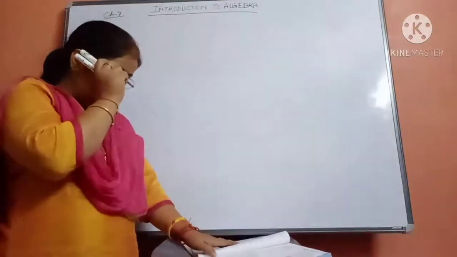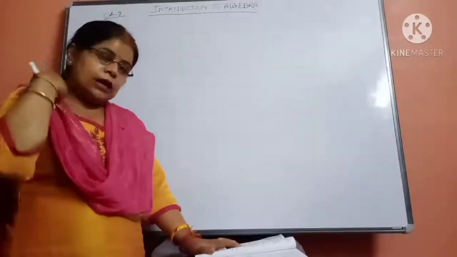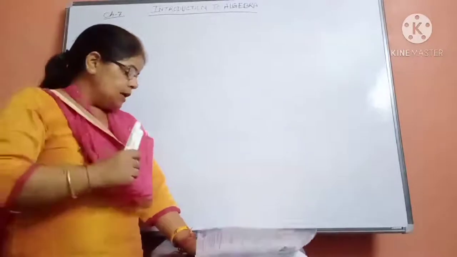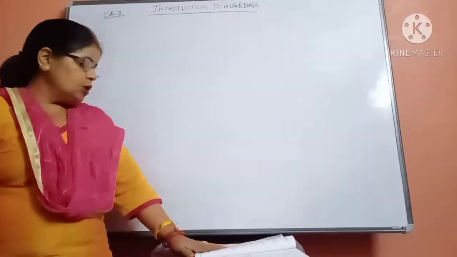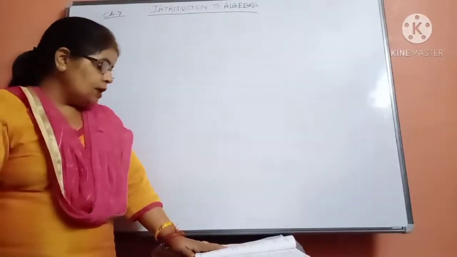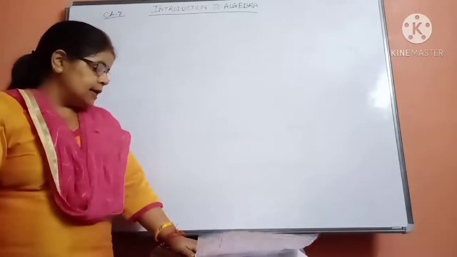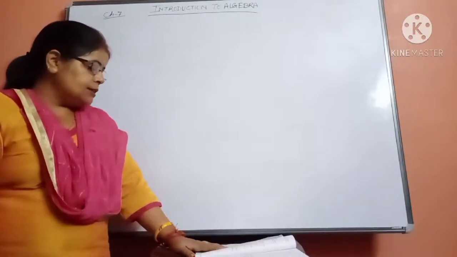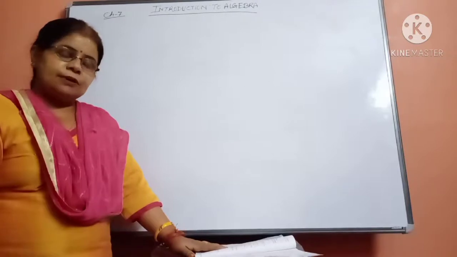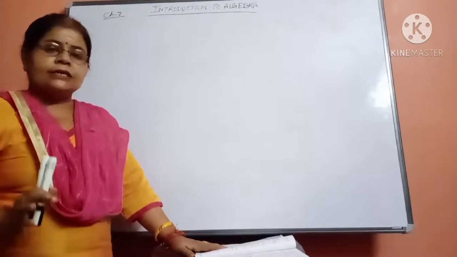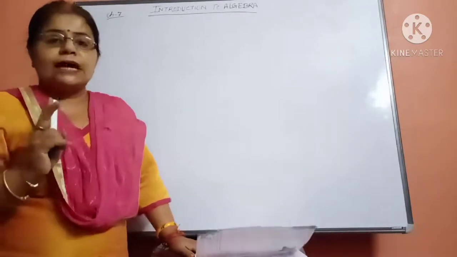I am reading the question. Keep your book with you so that you may understand the chapter easily. The two equal sides of an isosceles triangle are taken as a centimeter, and the third side is taken as b centimeter. You know that an isosceles triangle means a triangle in which two sides are equal.